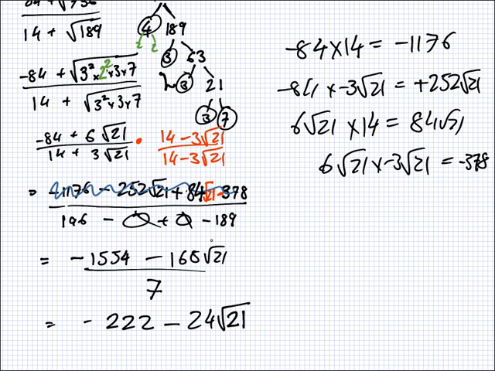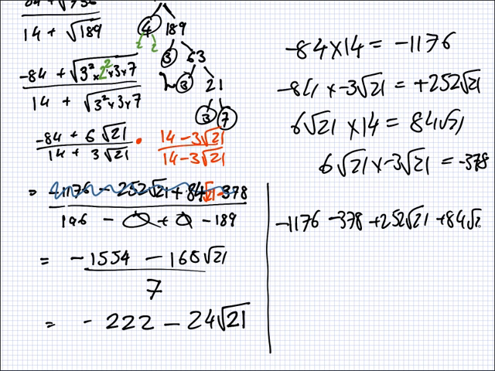So the point is, now after scratching it out, minus 1176 minus 378 plus 252 root 21 plus 84 root 21, over 7. Okay, so those two, that's still minus 1554.